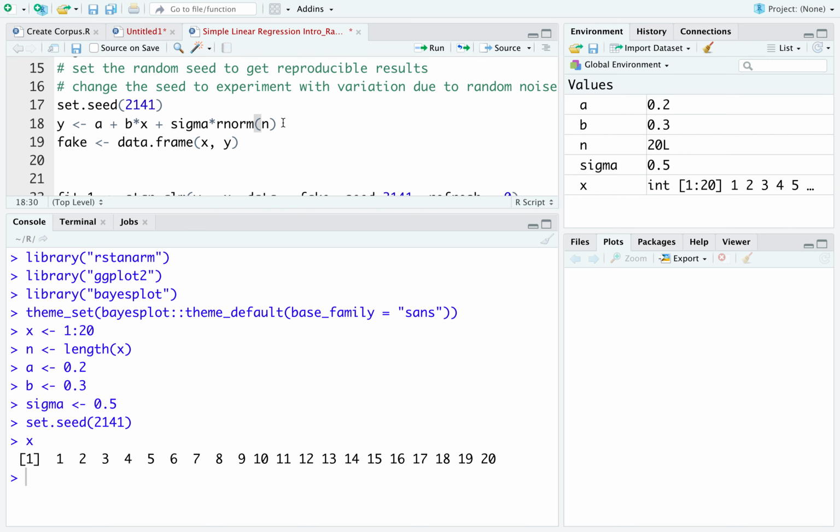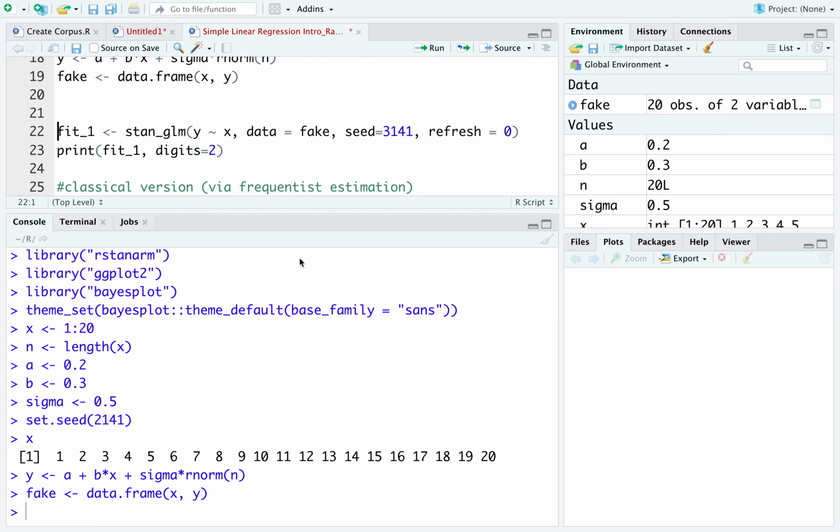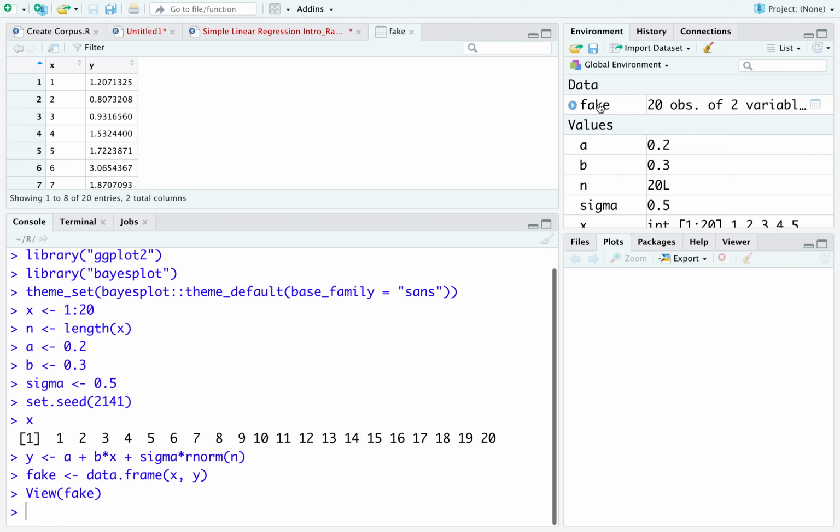That would look more like what you're used to seeing. And we're going to create a data frame by putting those two vectors, X and Y, together. Now I can inspect it in spreadsheet form: click on fake, and you can see the pseudo data that we created, right? Observation 1 has X equal to 1 and Y equal to 1.2 something, and so on.